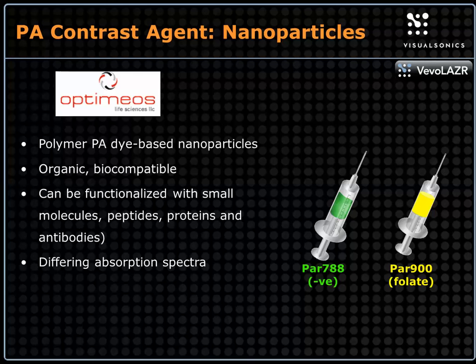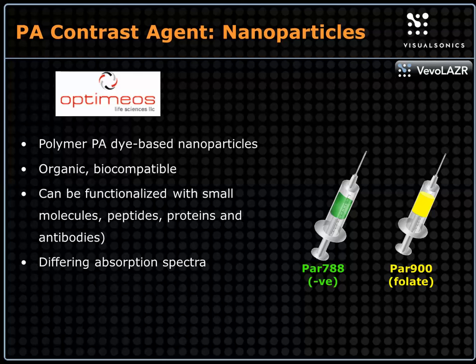We work together with a company called Optimios, who has developed or licensed the technology that was developed at Princeton, which is based on a polymer photoacoustic dye. So they create these dye-based nanoparticles. They're organic, they're biocompatible, and they can be functionalized with things like peptides and proteins and so on.